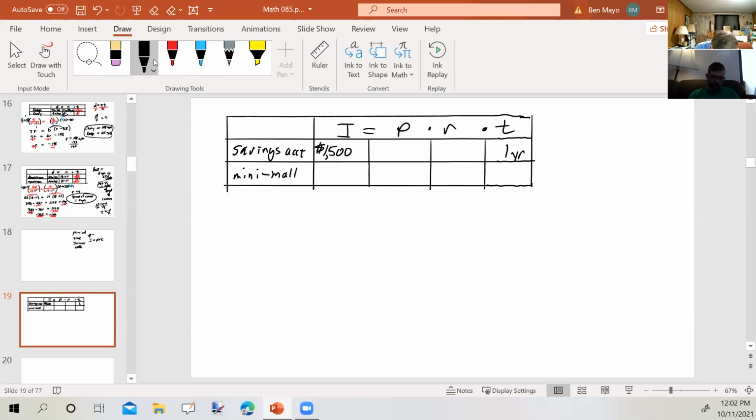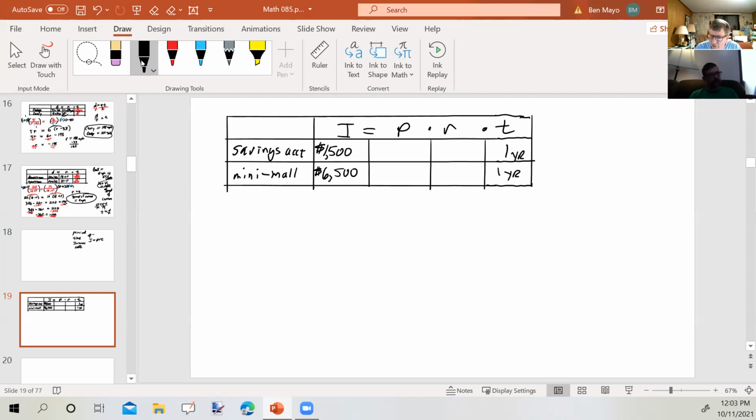That same amount of money invested in a mini mall development will earn $6,500 interest in a year, because the interest paid is 10% more than that paid by the savings account.